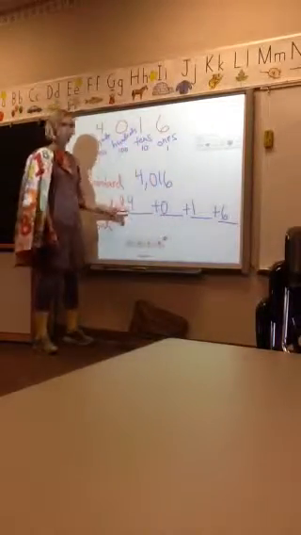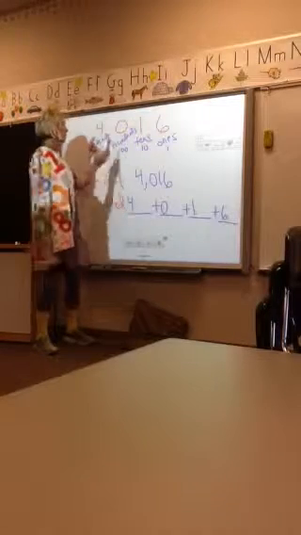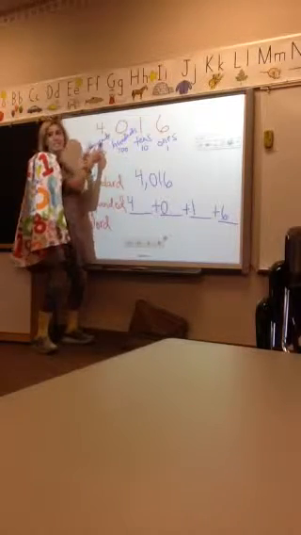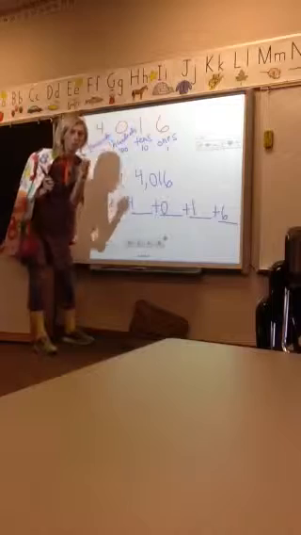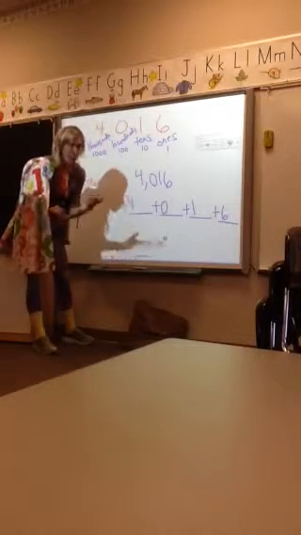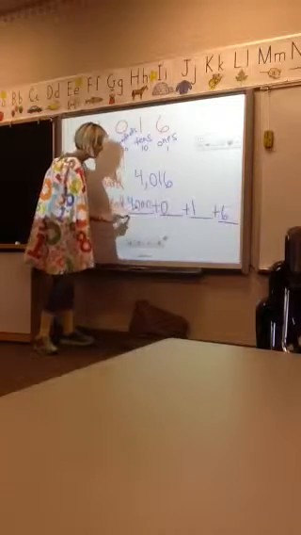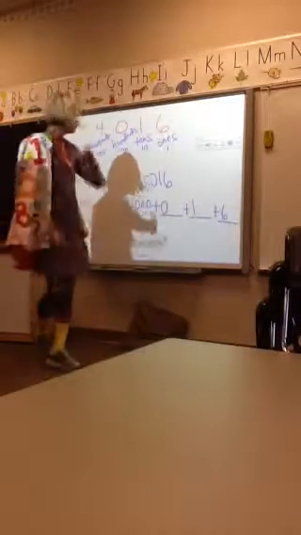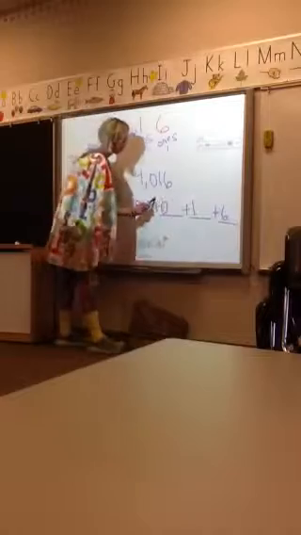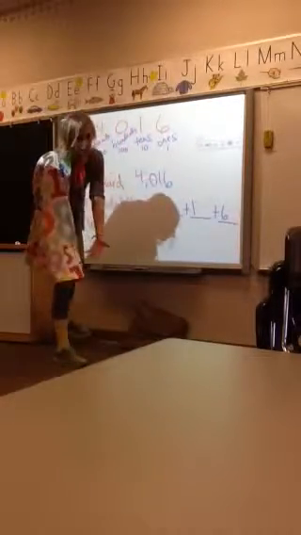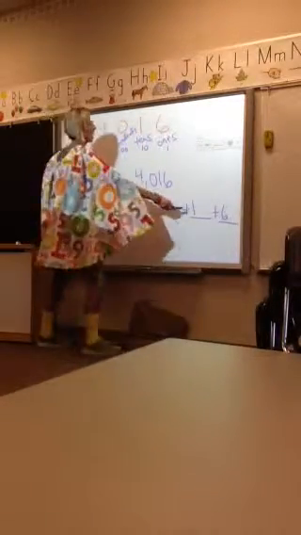So the 4 does not represent just a 4. It represents 4 thousands. So if I have 4 thousands, 1,000 and 1,000 and 1,000 and 1,000, that is 4,000. So that 4 is worth 4,000. The 0 is just worth 0. You know what? I don't even need to write that because it's just 0. The 1, how much is that worth?